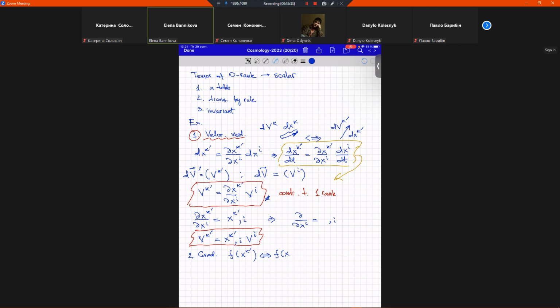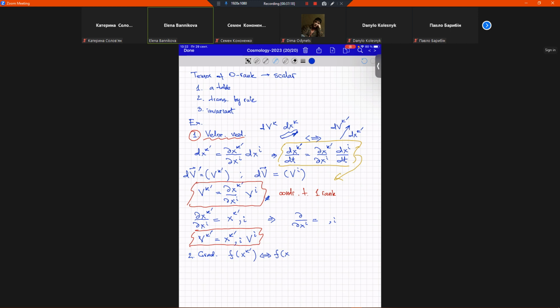For now we don't care about the difference. A coordinate system is what you use with a ruler to measure distances in two- or three-dimensional space. A reference system also includes a watch, so not only distances but also time. Our indices can be three-dimensional, four-dimensional, even five-dimensional.